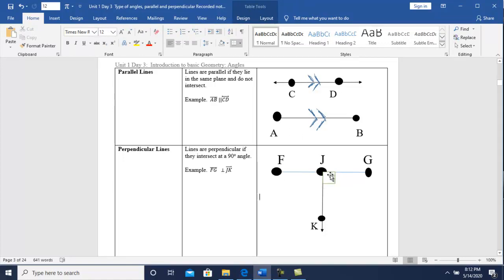The other option, if you wanted to, you could put in the number 90 degrees, and that would mean the same thing. Either you put 90 degrees or the right angle. This is an example of two geometric shapes that are perpendicular to each other. They form a 90-degree angle.